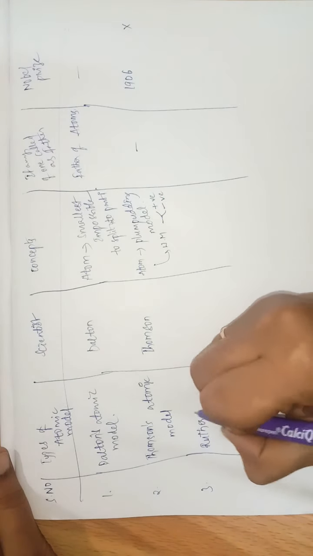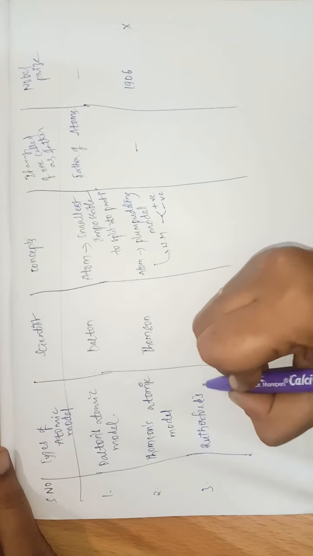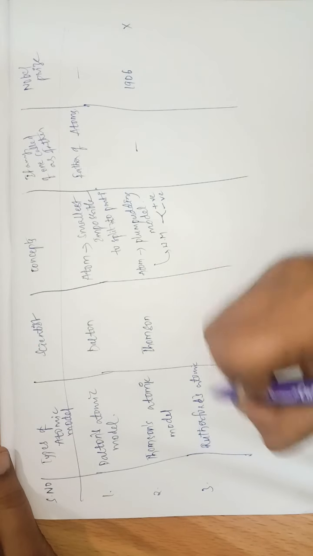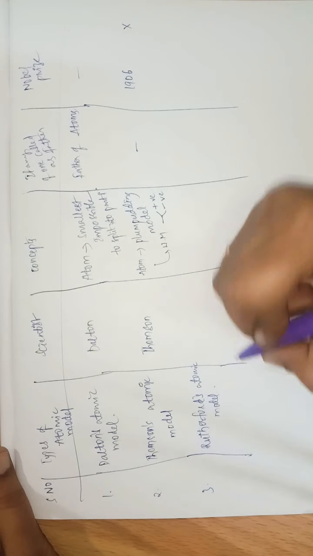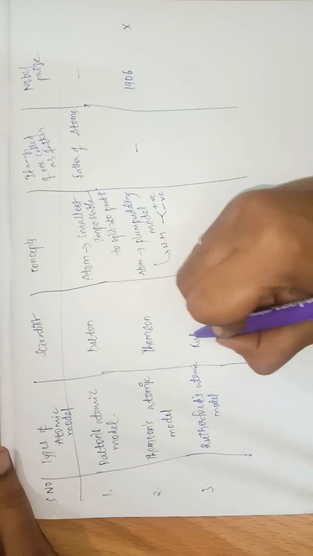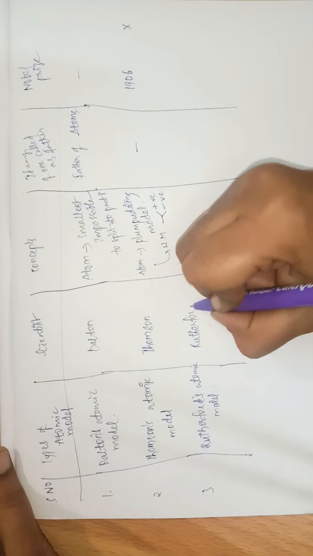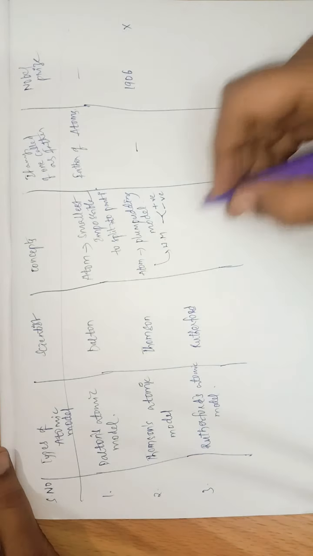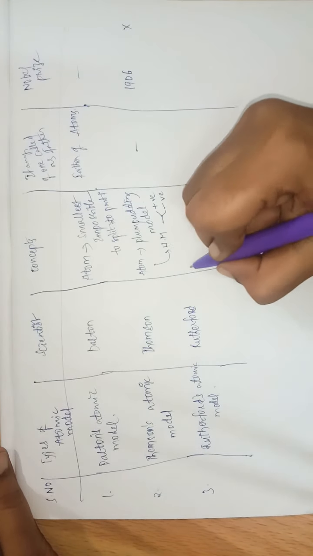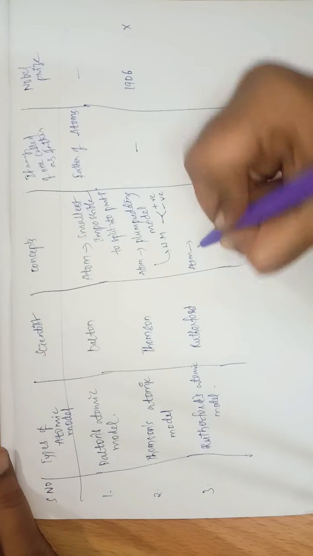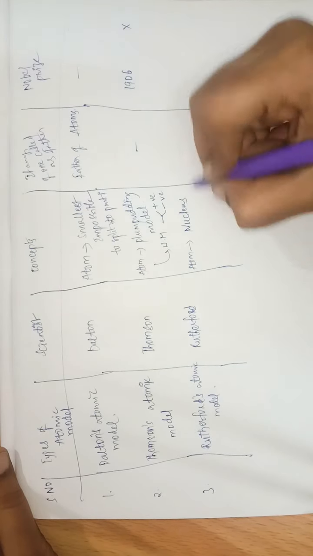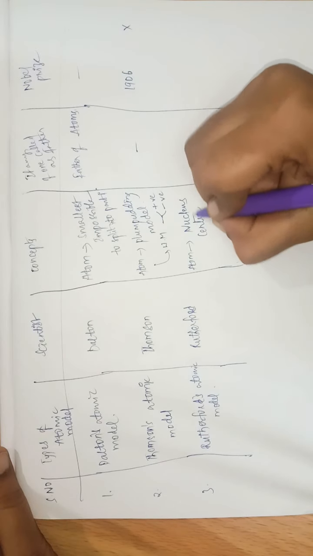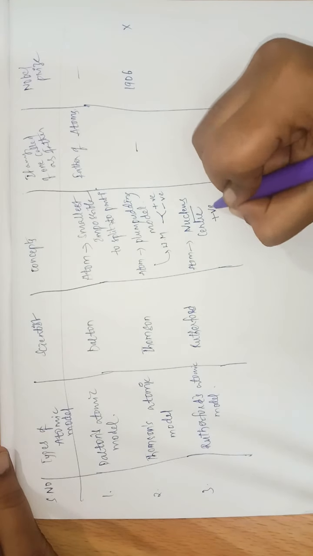Third, Rutherford's atomic model. Scientist Rutherford said that the atom has a nucleus at the center having positive charge.